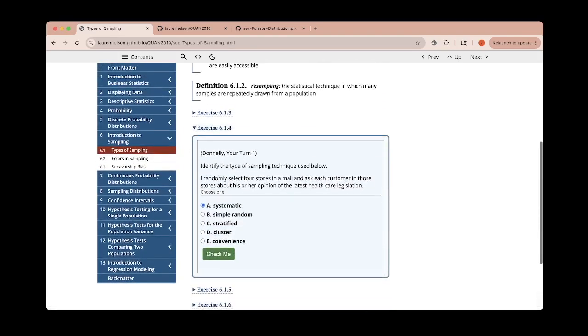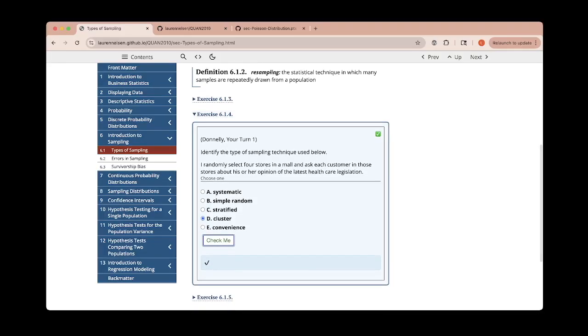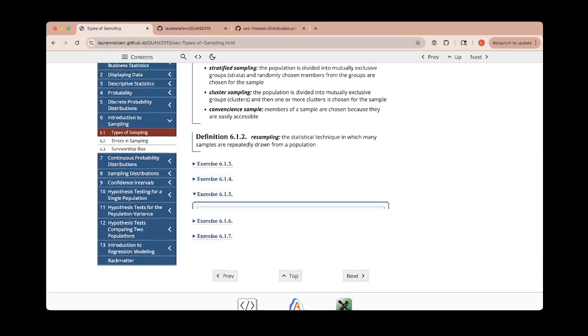So this says, I randomly select 4 stores in a mall and ask each customer his or her opinion of the latest healthcare legislation. This to me sounds like cluster sampling. We've divided the mall into groups of stores, and then we asked everyone in one of our groups or clusters about their opinion. Let's try number 5.